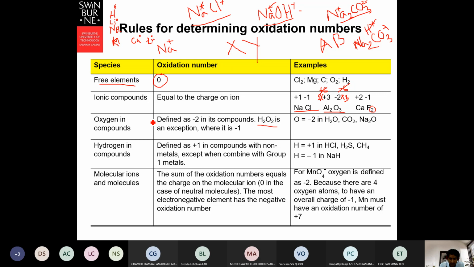Only when they are in H2O2, that means hydrogen peroxide, or in the superoxide region, then they will have a different oxidation number. For hydrogen peroxide, it is -1. All right, it is -1.